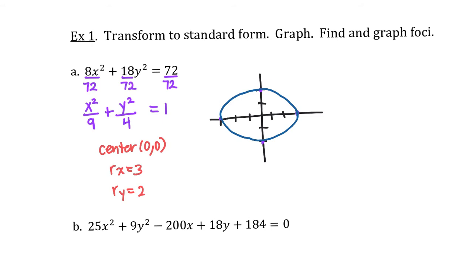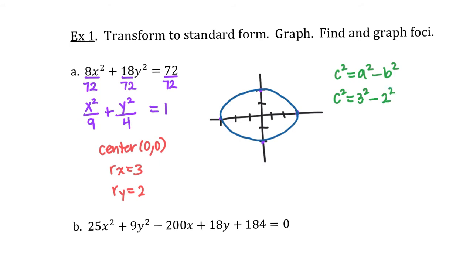Now I'm going to find and graph the foci. The formula from above told me that c squared equals a squared minus b squared, where c is the focal radius. A is the larger of the radii, so between the 3 and the 2, the 3 is larger. So I'm going to do 3 squared minus the smaller radius, which is 2 squared.